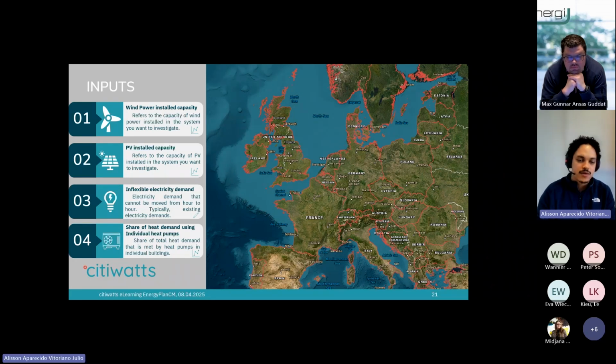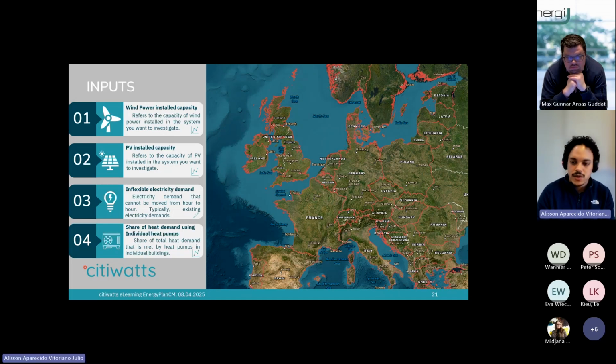The same is valid for the PV installed capacity, which of course refers to the capacity of PV installed in the given system, which is the subject of analysis. And the data for this input can be retrieved again from statistics or from a CM called solar thermal and PV potential within the Citiwatts energy sources category.